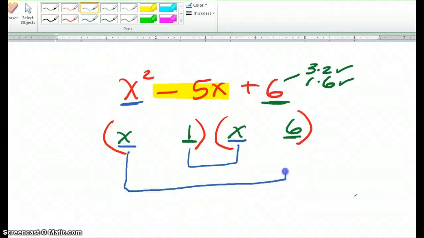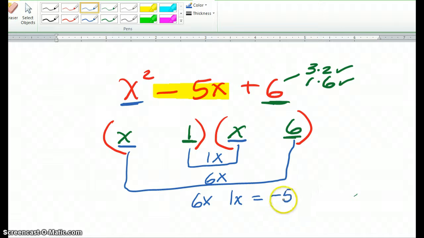So you have to multiply the inners and the outers. Remember, we're using the same exact procedure that we just used. 1 times x is 1x, right? X times 6 is 6x. Okay, so now we need to combine these via addition and subtraction to get negative 5x. Is that possible?